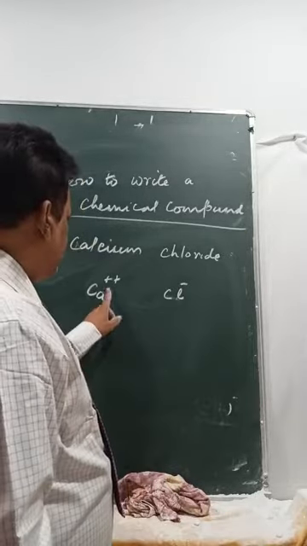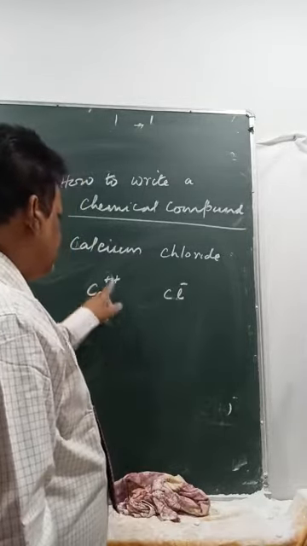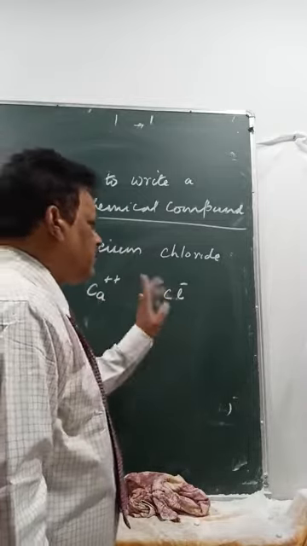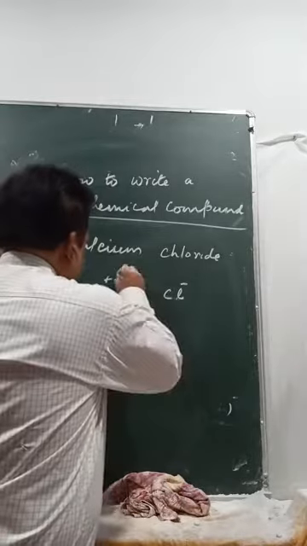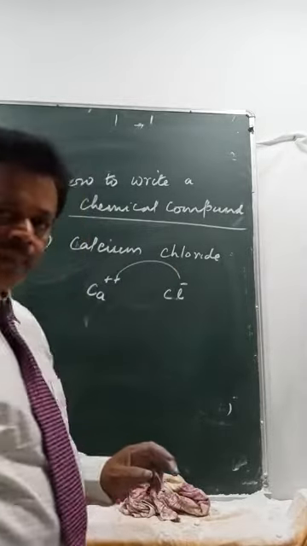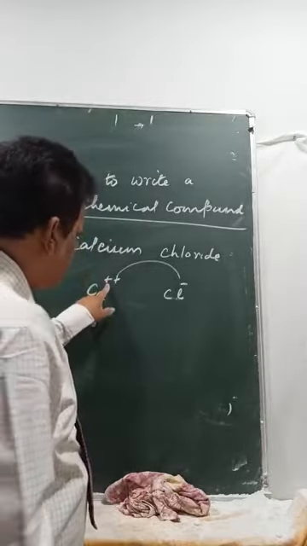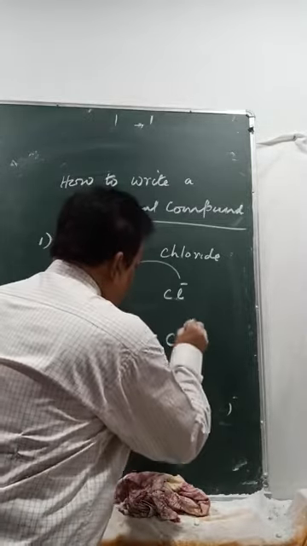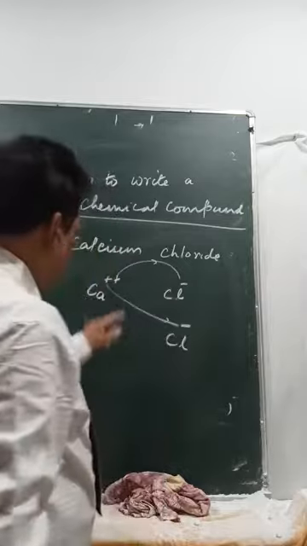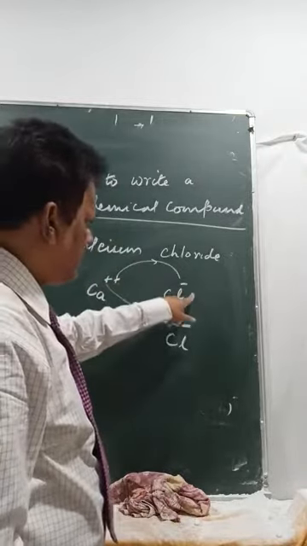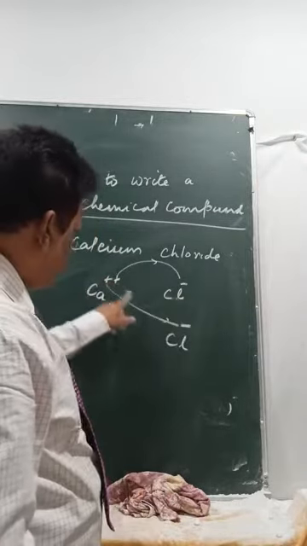So for that, 1 calcium cannot combine with 1 chlorine. What you have to do is, this will neutralize this one. What about this? That means we need another chlorine. This will go here, neutralize here.